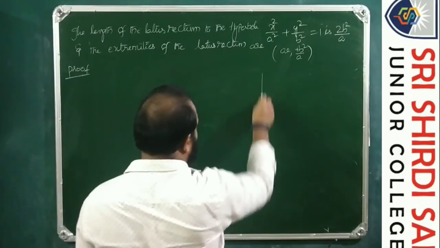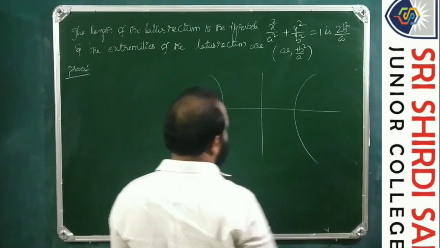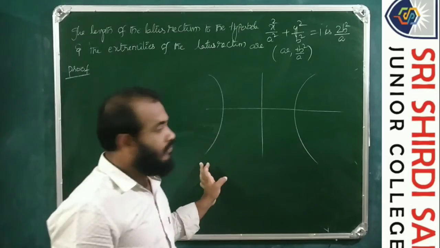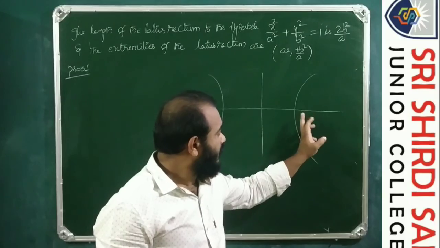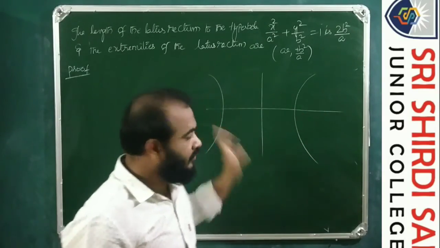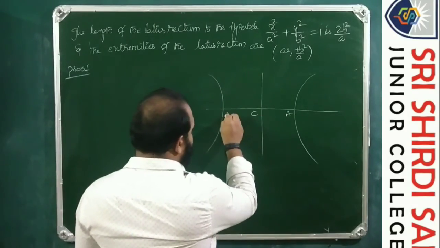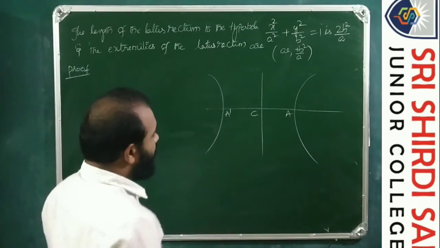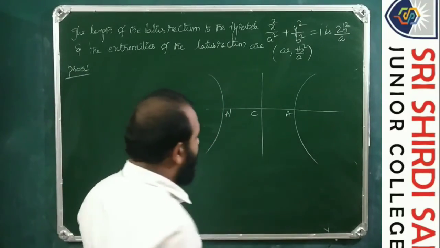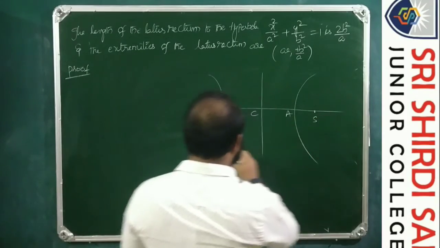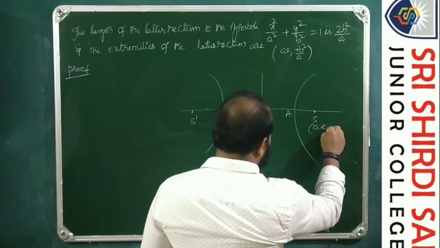So let us take the hyperbola. The hyperbola is of this form. The diagram contains two branches, this being the center. A and A dash are the vertices. This is the x-axis, which is called the transverse axis, and S and S dash are the foci. This is ae comma 0.